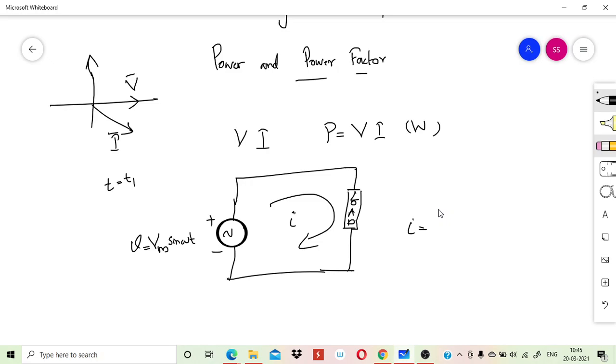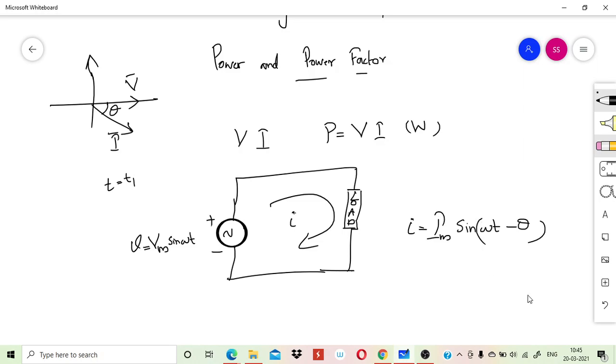The I phasor is lagging the V phasor by an angle theta. So what will be the equation of our I phasor? The instantaneous value of i will be equal to, let us say the peak value is Im, sin(omega t minus theta).